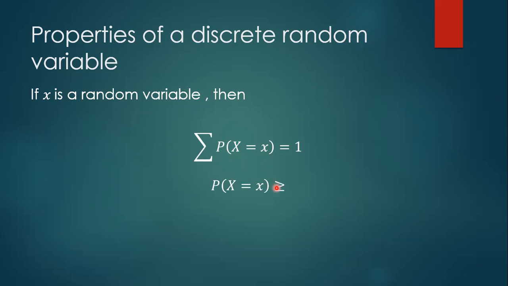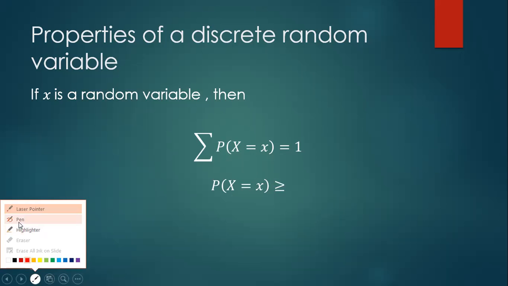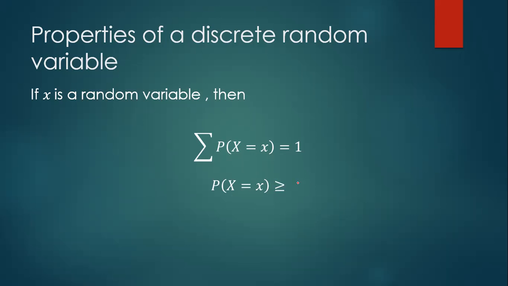Then probability of X equaling x is going to be greater or equal to 0. So we say the probability cannot be negative. We can't have negative chances of an event happening. So it should be between 0 and 1.